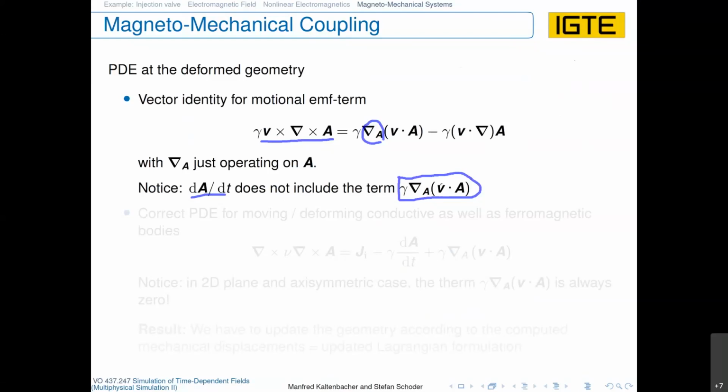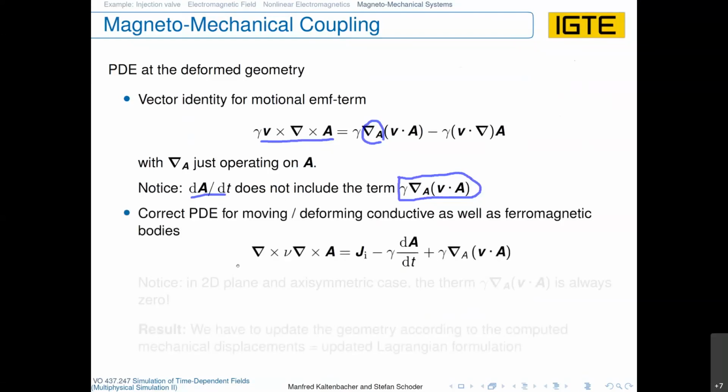Since this is also physics we have derived, we have to do it within our formulation. So our formulation now changes to this partial differential equation, where we have as a new term not only the partial derivative, we get the substantial derivative of the magnetic vector potential, which includes the partial derivative with respect to time and this convective term, but we have to correct it by this term here.